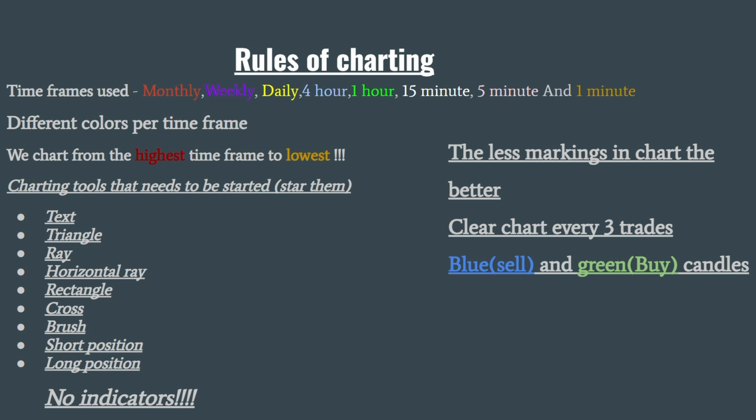Delete the level. Also, clear your charts every 3 trades, please. If you have a chart that's not cleared every 3 trades, you're going to confuse yourself. You're gonna realize that some levels are relevant and some levels are not relevant. So please clear.